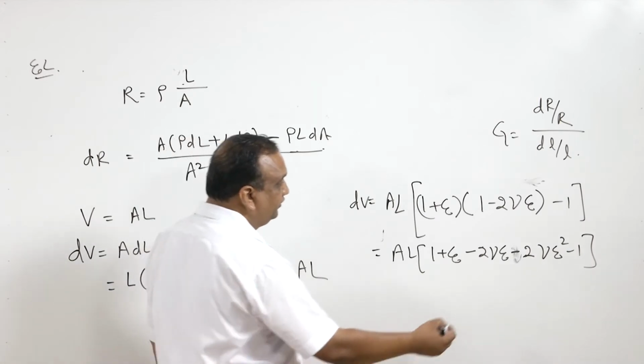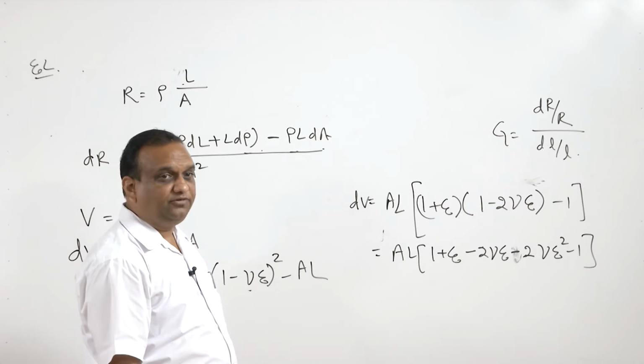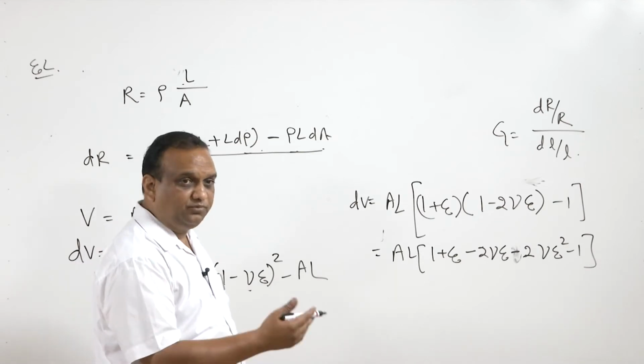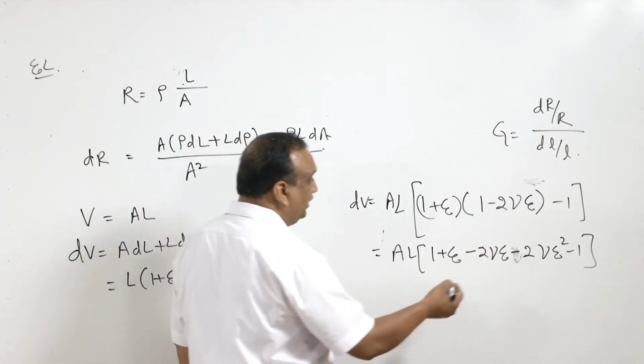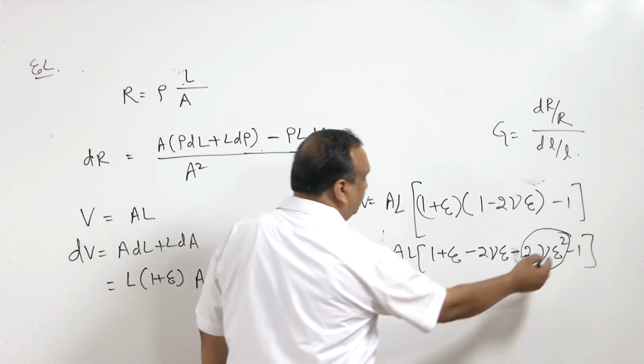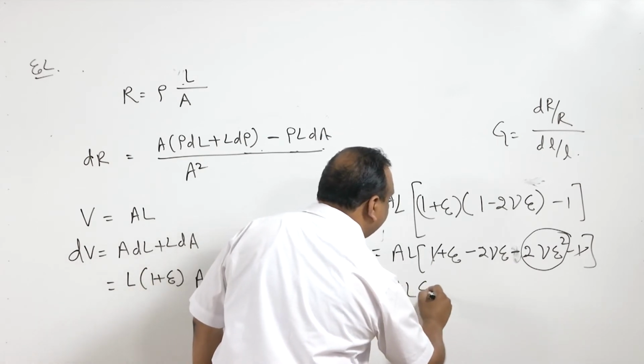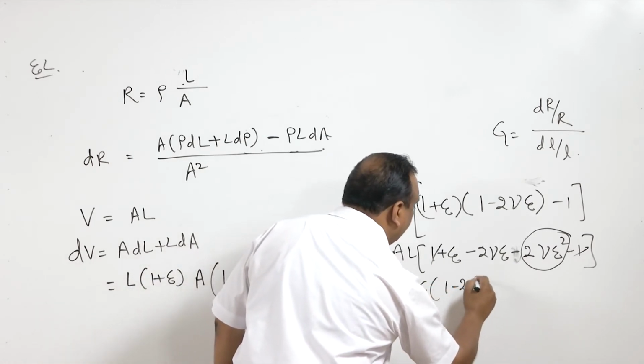Now, here also this term, because epsilon itself is very small, it is 0.0 something, so its square can be taken as 0. This will be cancelled out and we will be getting AL epsilon (1 minus 2 nu). Nu is Poisson ratio.